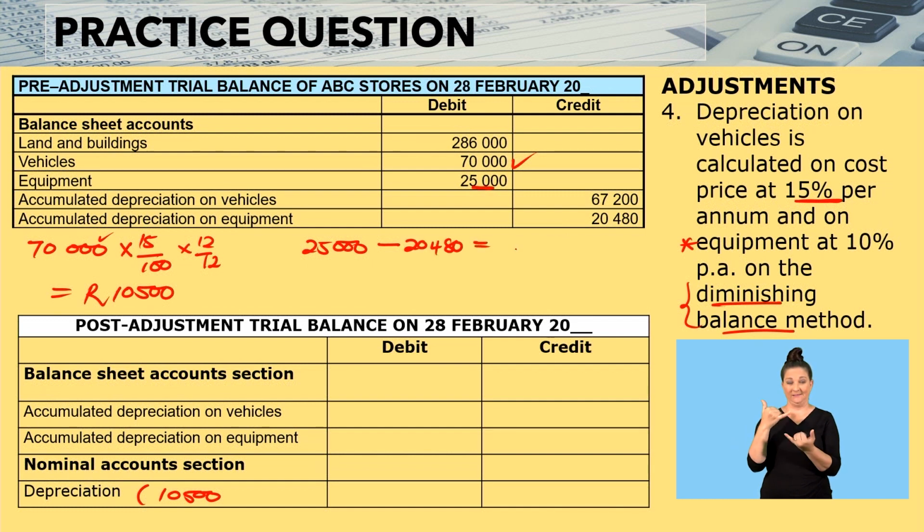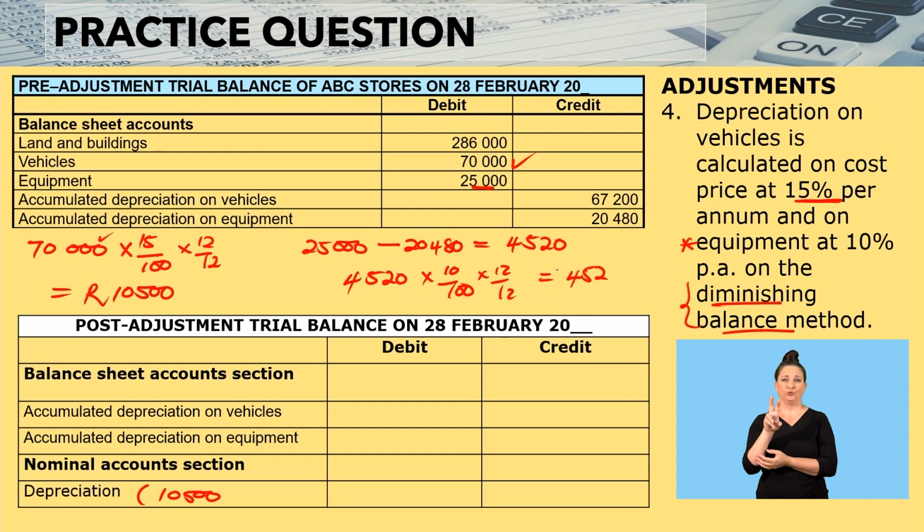That gives me a carrying value of 4,520. Then I take the 4,520 and multiply it by 10 over 100, multiplied by 12 over 12.